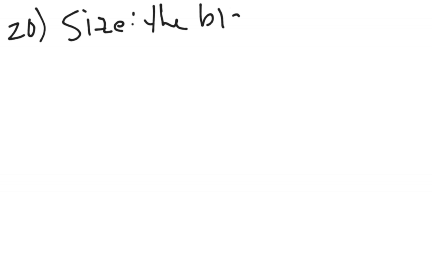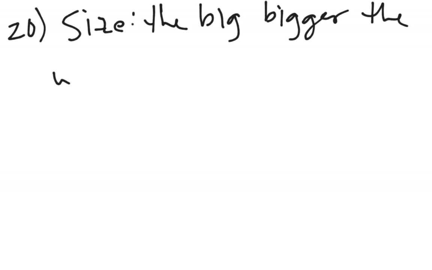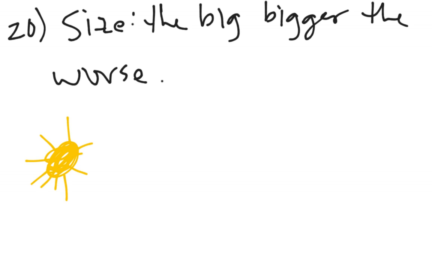Okay, number 20 then feeds off of this. What are the two main reasons for this? Size. The bigger, the worse the electronegativity. Kind of like if I have our sun, okay, we're going to attribute gravity being a little bit like the attraction between protons and electrons.